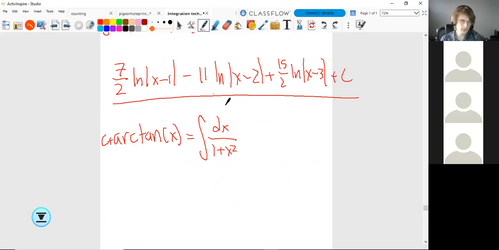So we can rewrite this as a geometric series for a sufficient interval of convergence. So we have the absolute value of x squared minus 1 is less than 1.